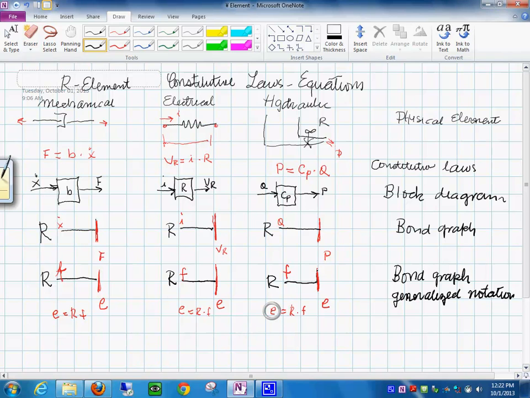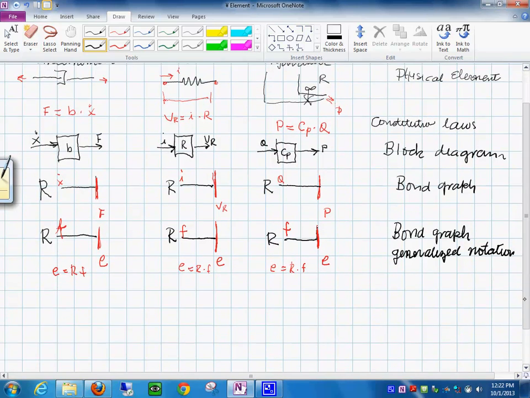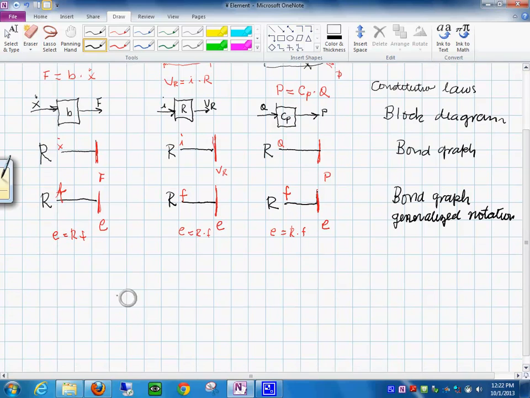Now you have seen the block diagram, you have seen the bond graph, you see the constitutive law, you have the physical elements. Now, let me pose this challenge to you.